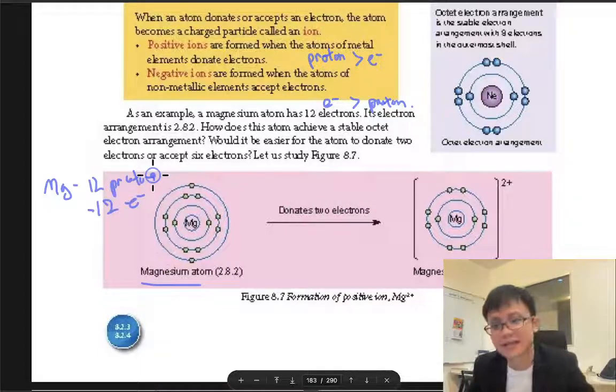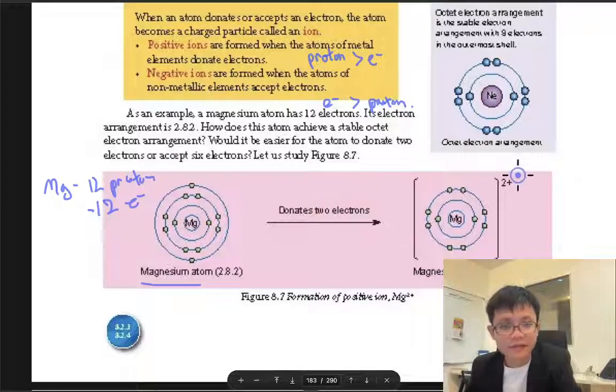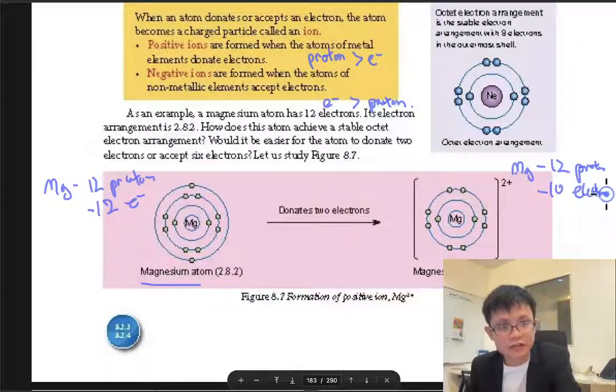And for this magnesium, you can see it has 12 protons and 10 electrons. So which one is more, proton or electron? Okay, yeah, so it's proton more.